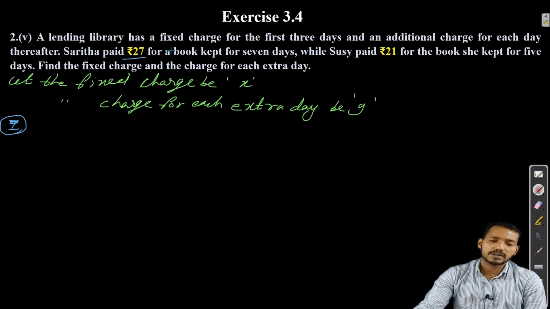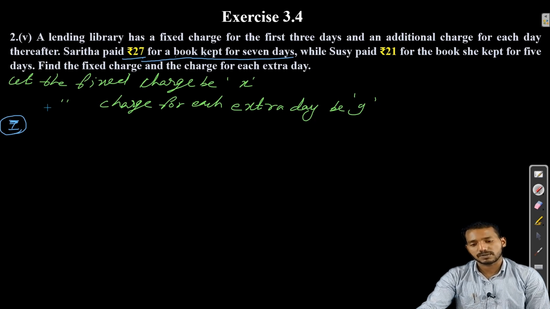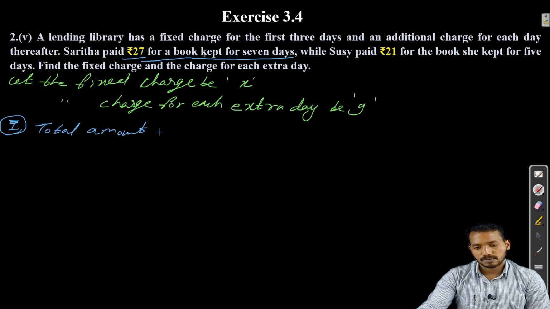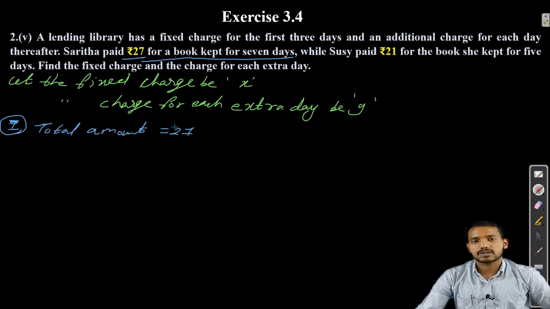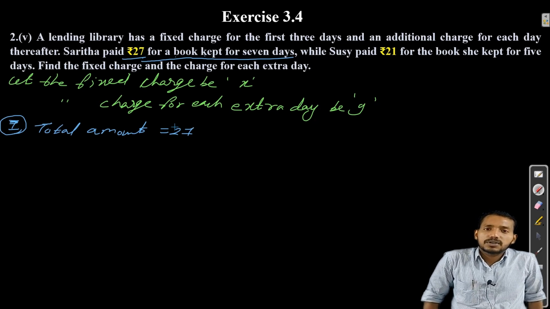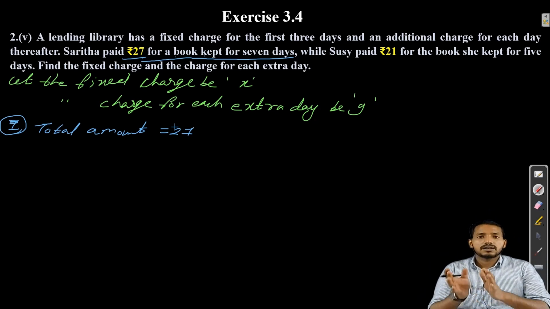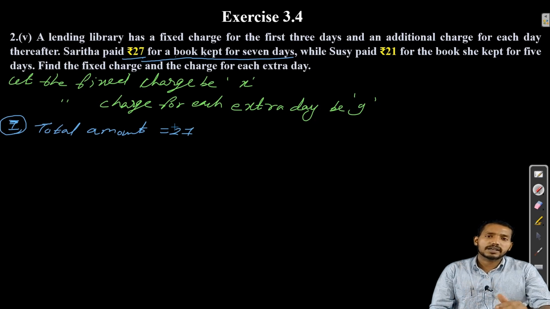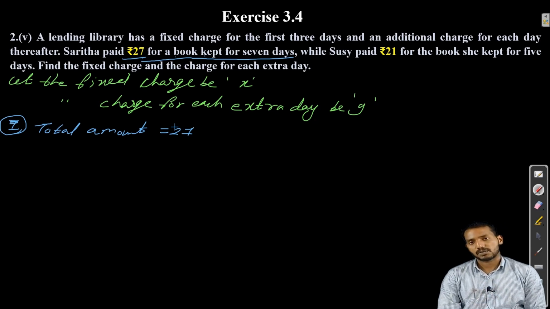Come to the first condition given in the question. Sarita paid 27 rupees for a book kept for 7 days. So total amount she paid is equal to 27. This 27 is the sum of the fixed charge plus the charge for each extra day into number of extra days she kept that book with her.